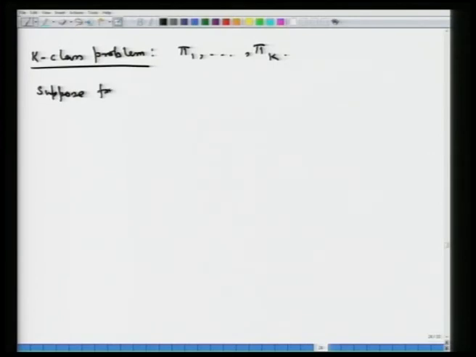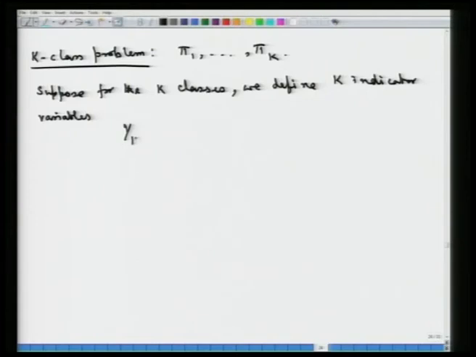Suppose for the k classes we define k indicator variables in the following way: yk, the kth indicator variable, takes the value 1 if the response class is k and is equal to 0 otherwise.